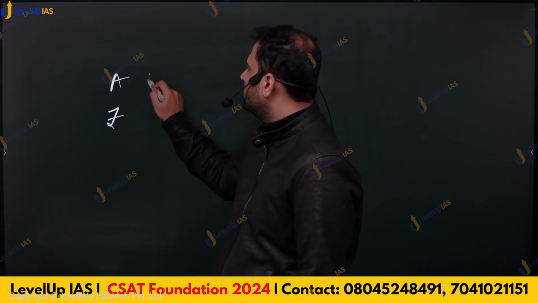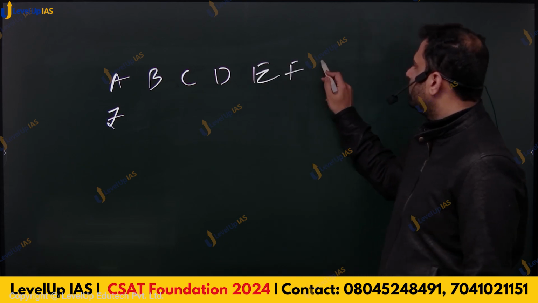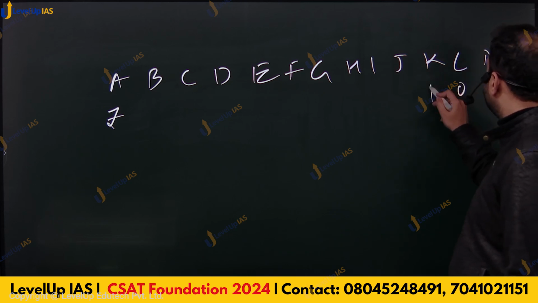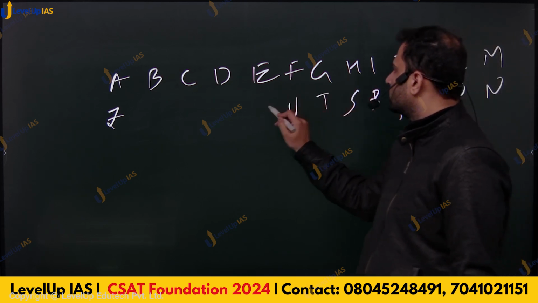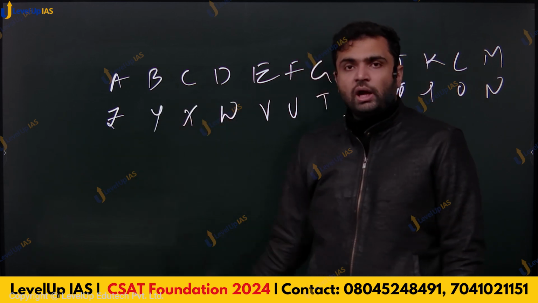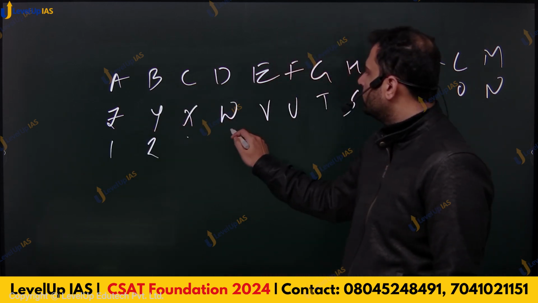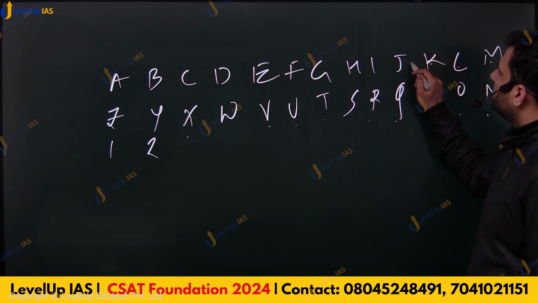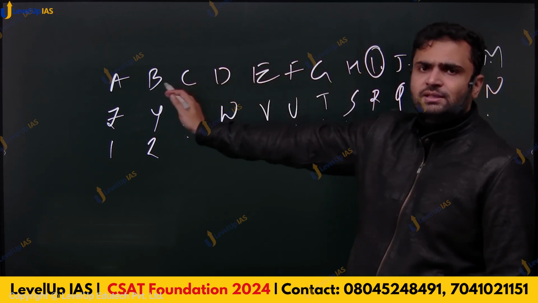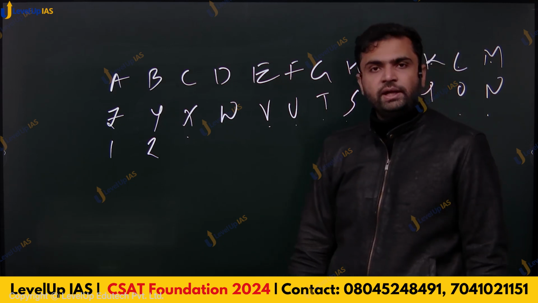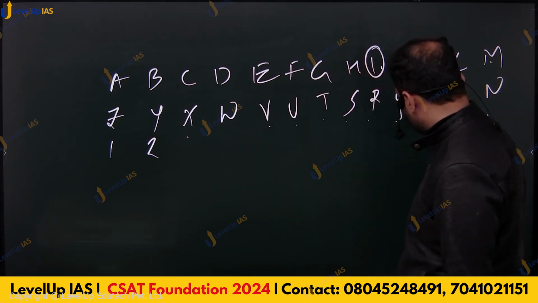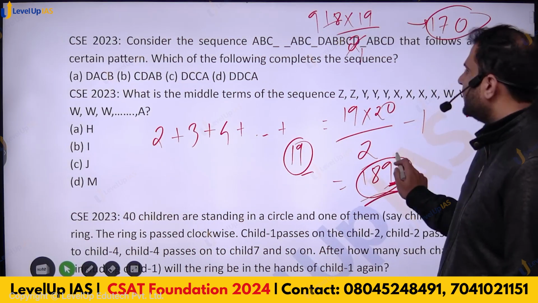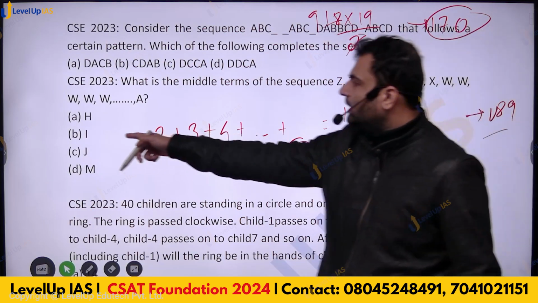Let me write everything: A, B, C, D, E, F, G, H, I, J, K, L, M, N, O, P, Q. This is 1, 2, 3, 4, 5, 6, 7, 8, 9, 10, 11, 12, 13, 14, 15, 16, 17, 18, and the last letter is going to be the 19th that we wanted. Because of that minus 1, the 189th letter is going to be that I.